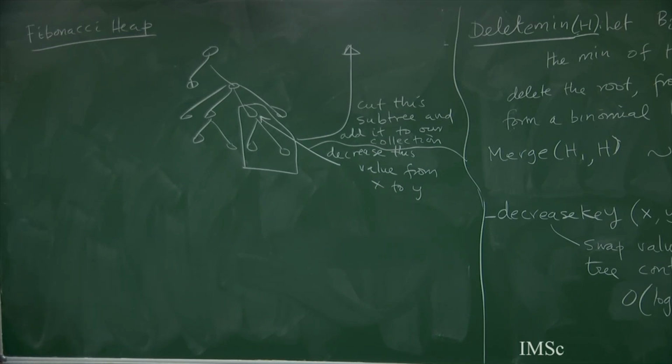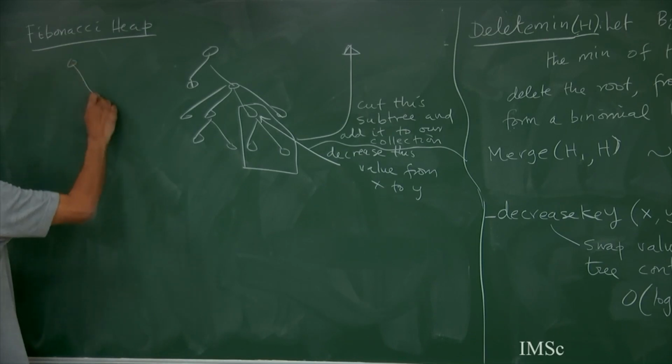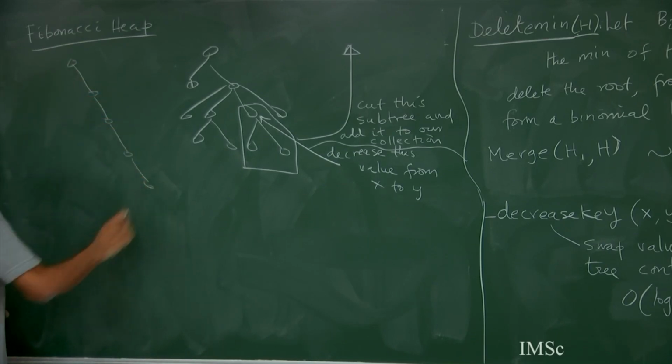But what? It's no longer a binomial tree. You've taken a binomial tree and you've cut it in some arbitrary fashion. So all the nice properties we have proved, we have to rework them out carefully, right? There is also another problem: you may have this huge tree, and I have done all kinds of cuts so that it becomes a big chain.